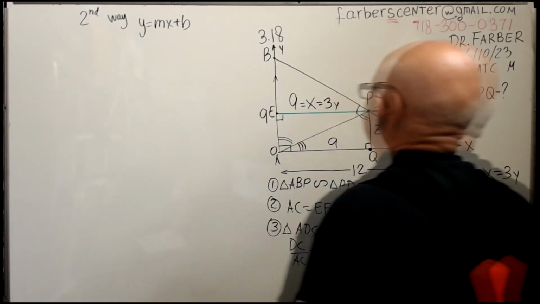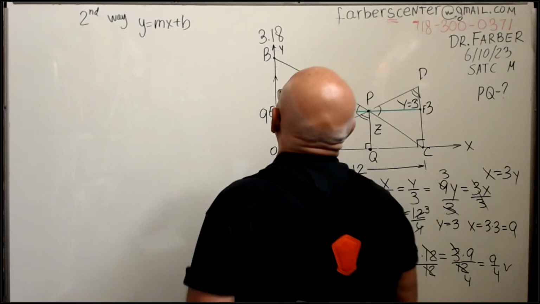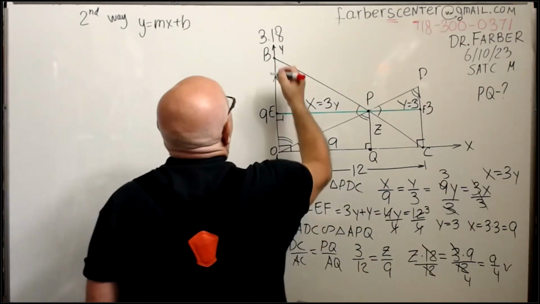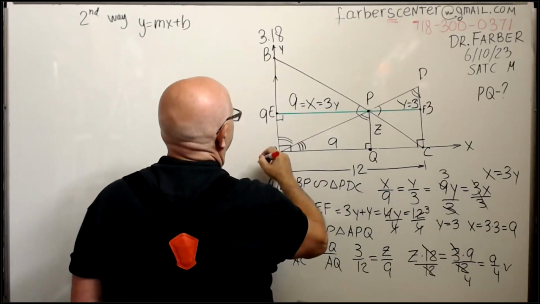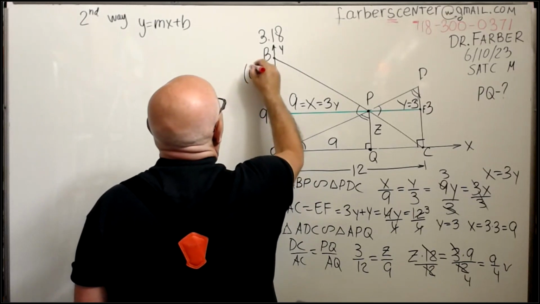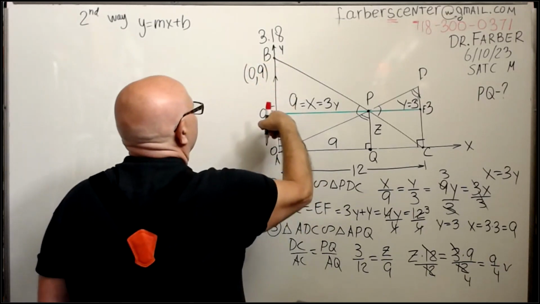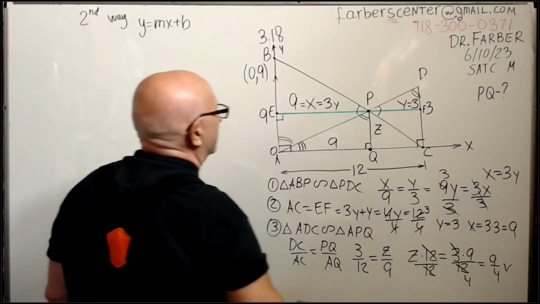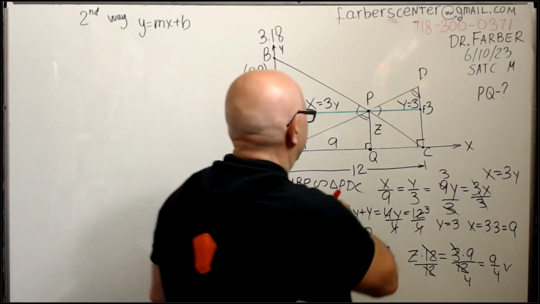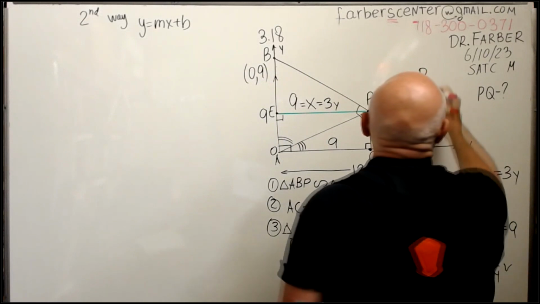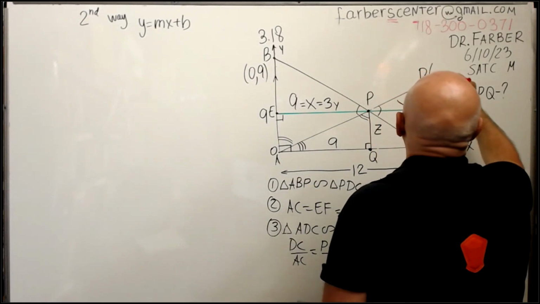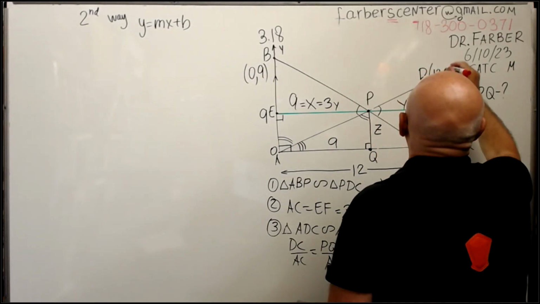Okay. And let's say this is the coordinate of point B: x equals 0 and y equals 9 from the information given. Since this is 12, the coordinate of point D, for instance, is 12 and 3.